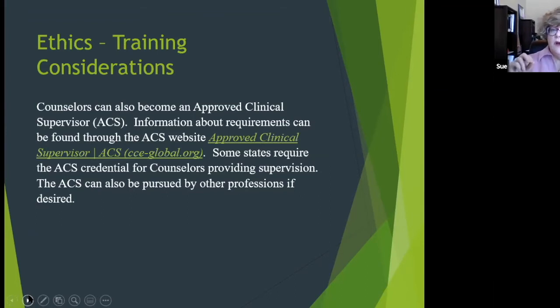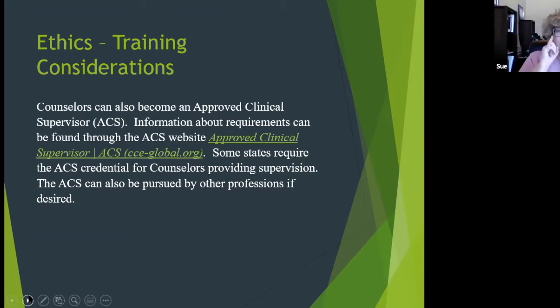And there's something called an approved clinical supervisor, or an ACS, that you can pursue. It usually requires either a graduate class in clinical supervision or a 30-hour training in clinical supervision. Once you've done either one of those things, then I believe it's 100 hours of supervised supervision of your clinical supervision practice.